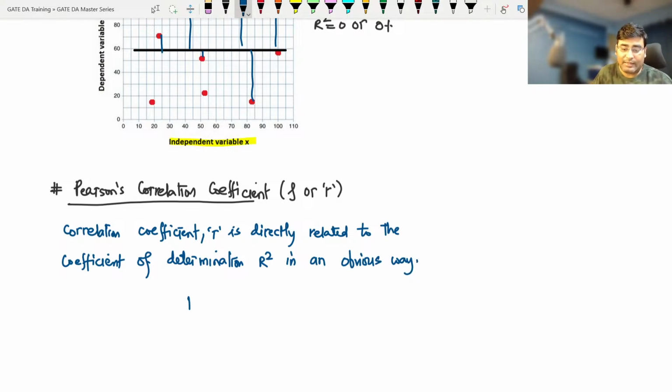And R can be written as plus or minus the square root of R square. Let me put it in a nice box, okay?